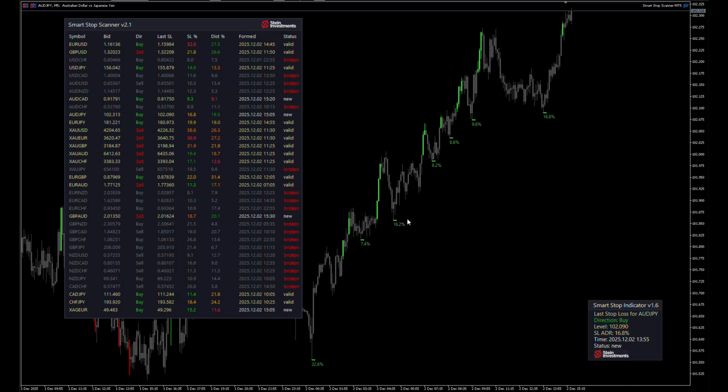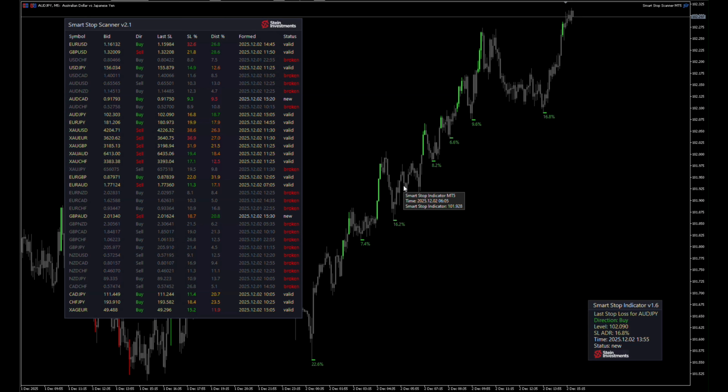This means if you risk the same amount of money on both of these opportunities, your trade would have been double the size here than here. So you can trade here with 0.1 lot and here with 0.2 lot.